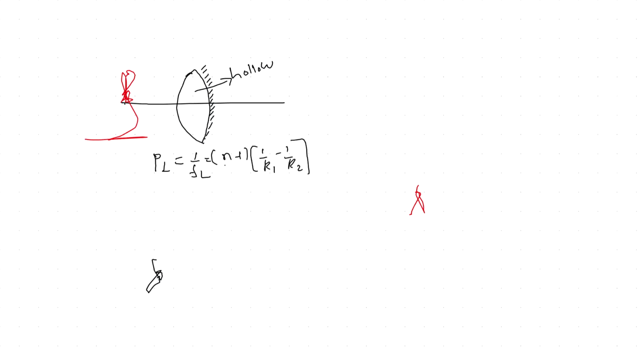Relative refractive index, n of the lens by n of the medium. In this halo lens case it is 1. Therefore, power of lens is coming 0.